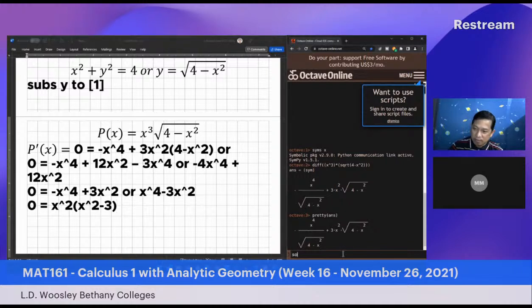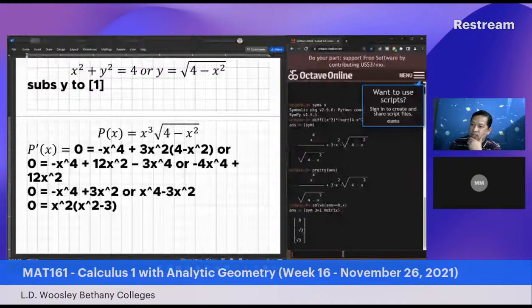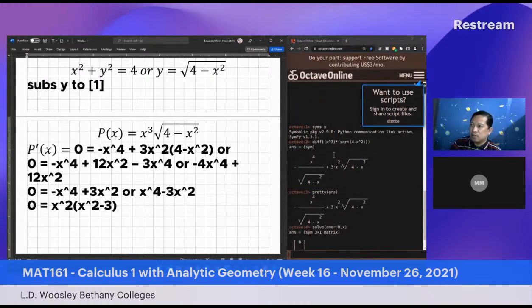So, answer equals solve. Kaya ba to? Hindi ko sure kung kaya. Ayun, no? Meron siyang nasolve. Ayan, tama. Kung sinolve ko yung x, matitira dyan, negative square root saka positive square root. So, x. Tama pala itong ginagawa natin. So, x cubed.